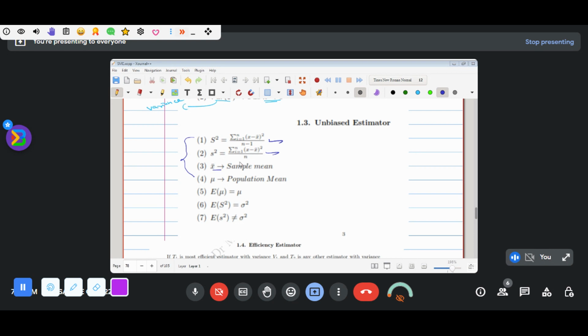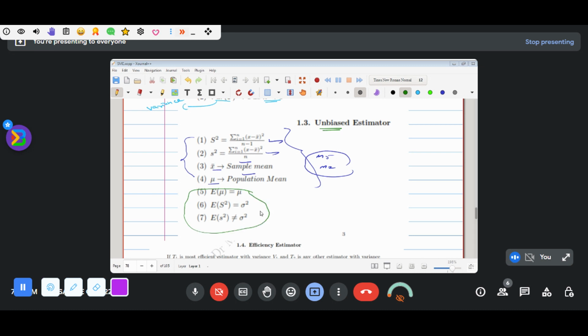And x bar is the sample mean and mu is the population mean. This was already done in the multiple variance and testing of hypothesis modules. This is the basic notation. Then if the given estimator is unbiased, at least these conditions are satisfied.